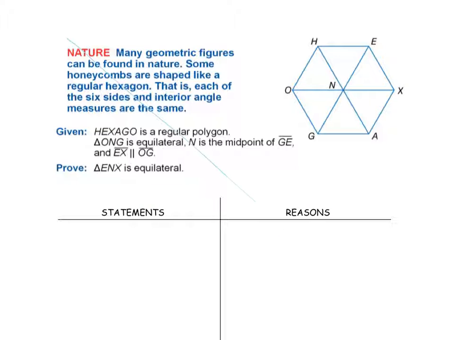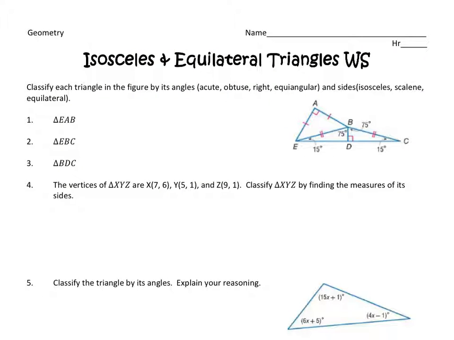Okay, we're not going to look at this proof, so let's look ahead straight at the assignment. In this problem, we're going to classify it based on its angle. Remember, if all the angles are less than 90 degrees, then it's acute. If you have one angle that measures obtuse, then it's an obtuse triangle.